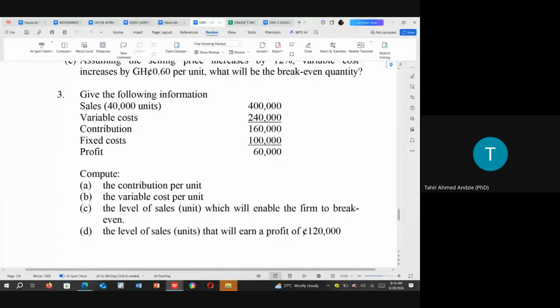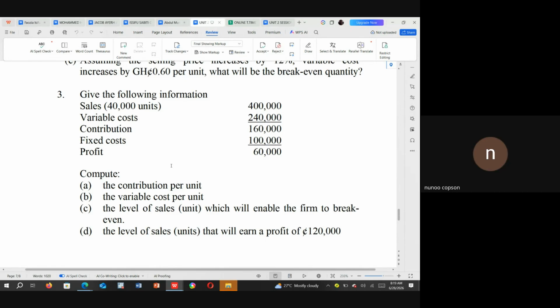So what will be the contribution per unit? How are we going to get it? You divide the total contribution by the number of units produced. Total contribution is 160,000, and the number of units is 40,000.